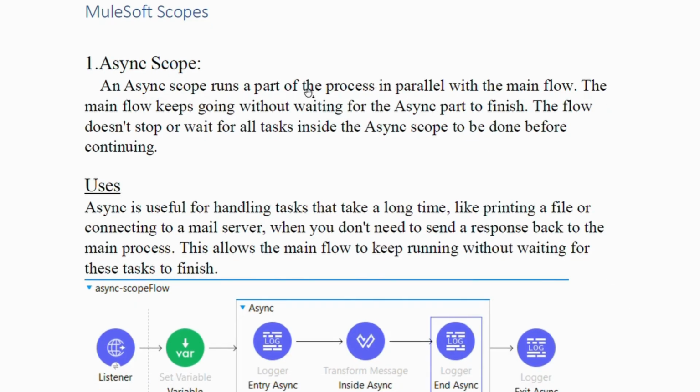Asynchronous scopes run a part of the process in parallel with the main flow. The main flow keeps going without waiting for the asynchronous parts to finish. The flow doesn't stop or wait for all tasks inside the asynchronous scope to be done before it continues.